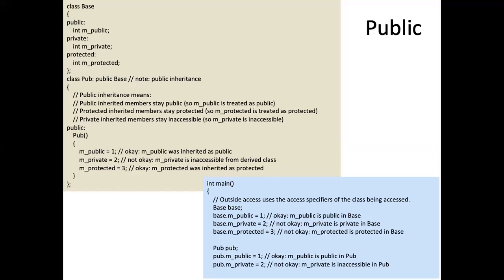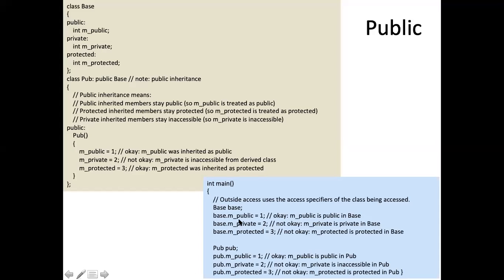Private member will not be accessible because private member is inaccessible, either in the derived class or in the main program by the object of the base class as well as the objects of the derived class. So दोनों cases के अंदर ये accessible नहीं होगा. अच्छा, और protected member भी accessible नहीं होगा.